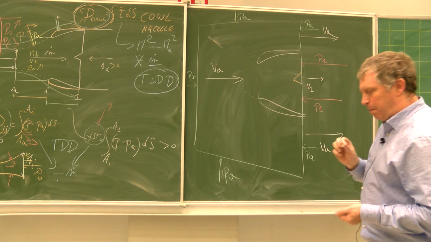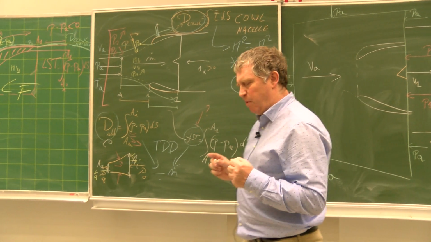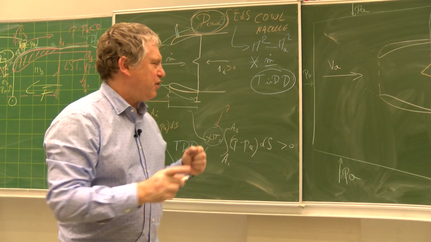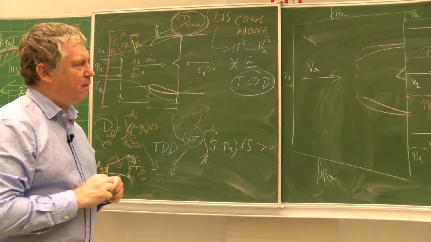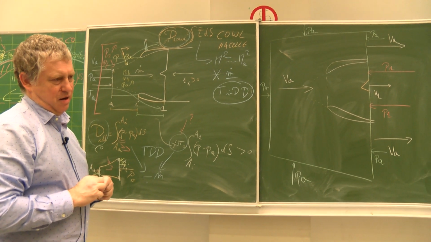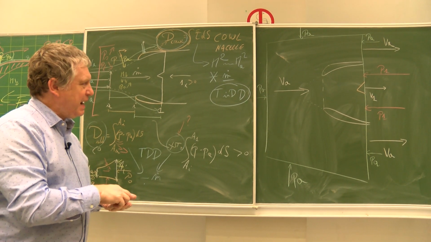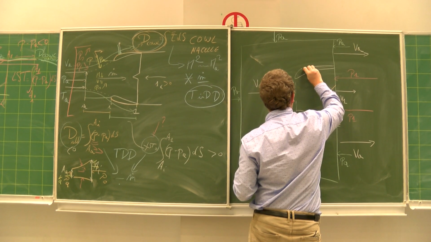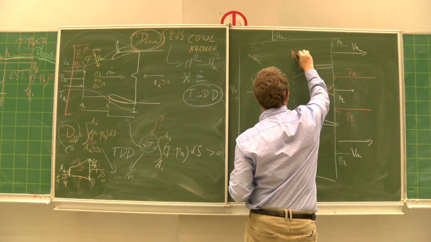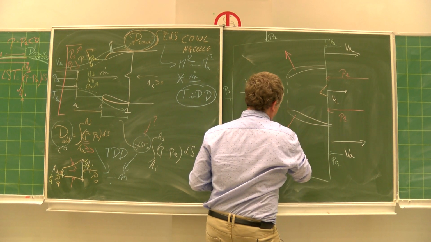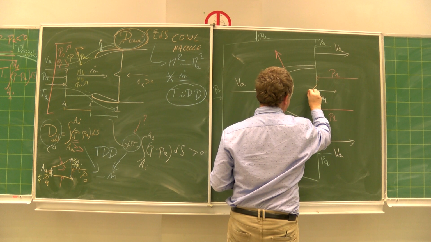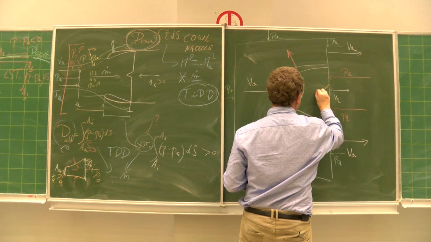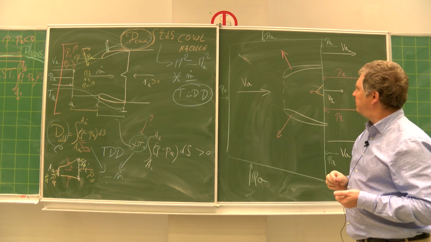And if you apply the theorem of the quantity of movement, the same as the one we have seen before, to this system, what will you be able to compute? You will be able to compute the force that you have on the surface, and maybe there is also a force here on the spinner. Okay?